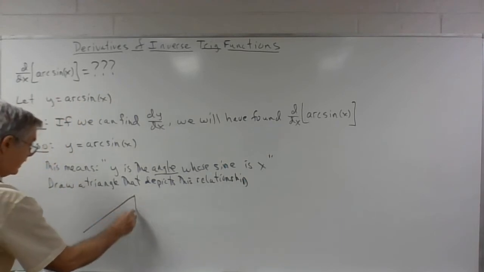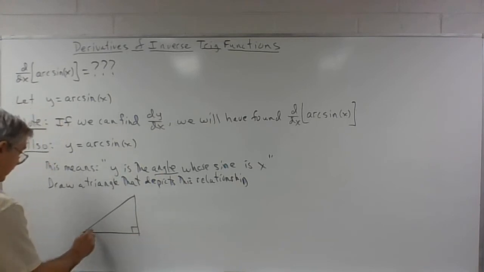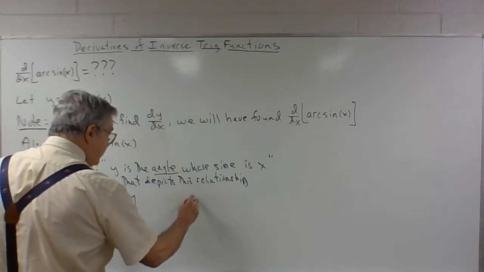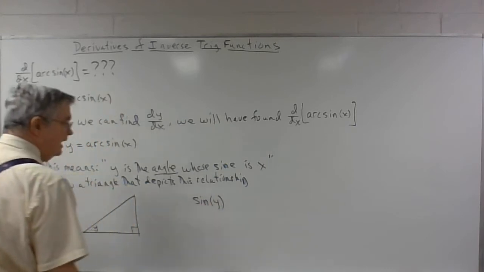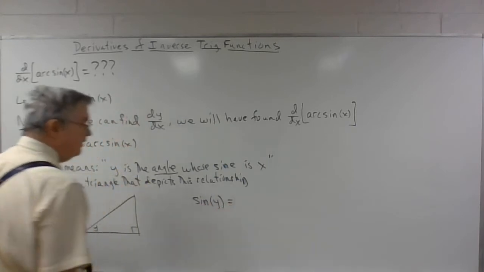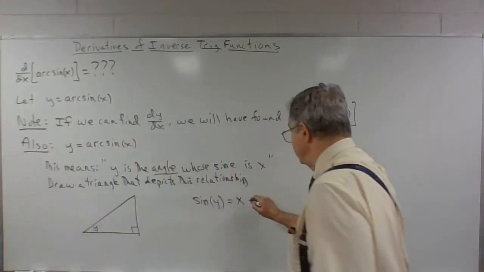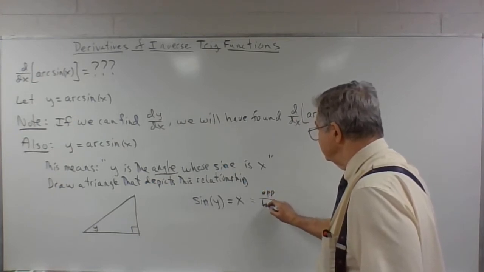Here's my right triangle. Here's my angle Y. Y is the angle whose sine is X. So the sine of Y equals X, and X is opposite over hypotenuse.